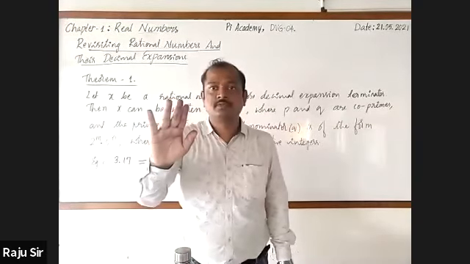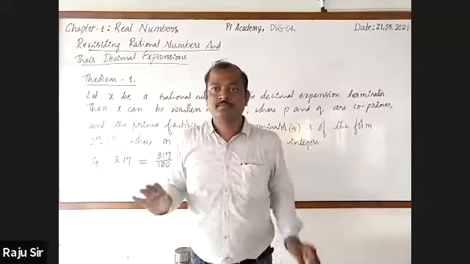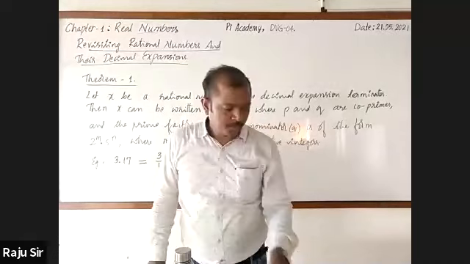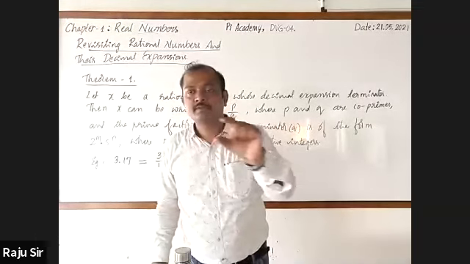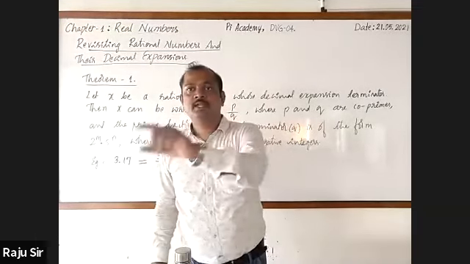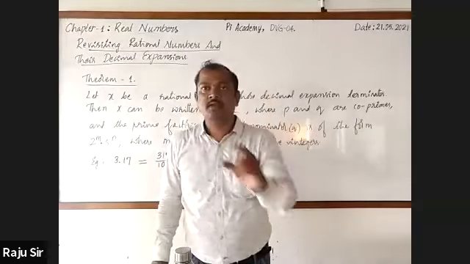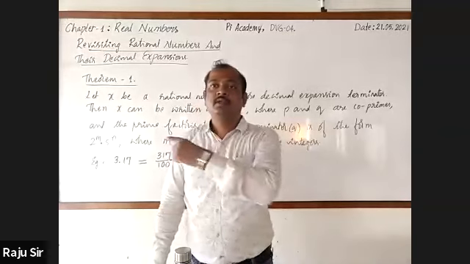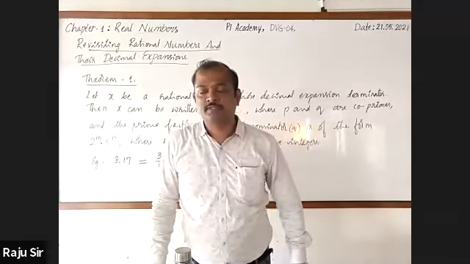Rahil, wait. Just listen. You have to copy theorem 1.6 and leave some space for writing the example. Next, theorem 1.7 and leave some space for writing the example. Then tomorrow I'll go for explaining this.